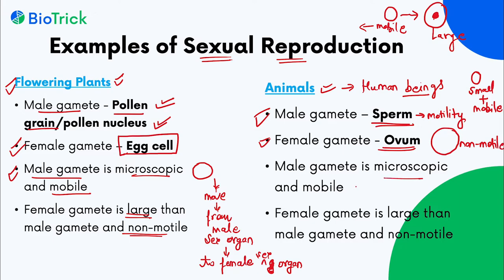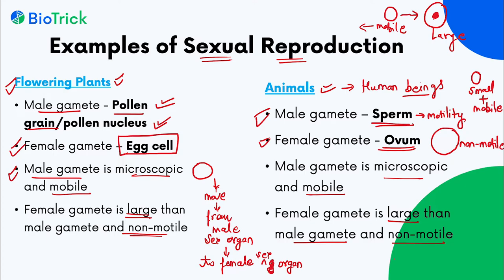Male gamete is microscopic and mobile. This we have discussed. Female gamete is larger than male gamete and non-motile. Motility of the male gamete is essential for the process of fertilization. If the male gamete is also non-motile, then how will the fertilization occur? So it is essential for fertilization.